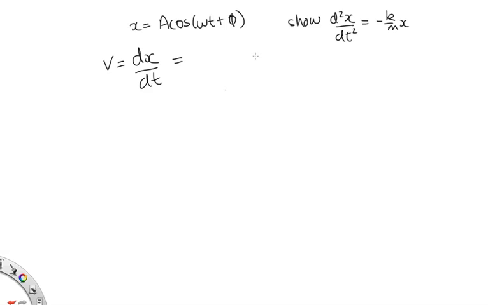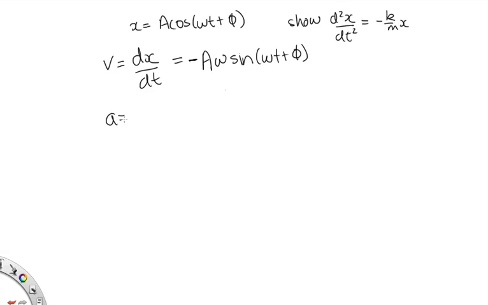Okay, to take the derivative of this, we've got a function of time in here. So when we take the derivative of a cos function, we end up with a minus sign. So we've got minus A, this constant. The derivative of the inside of this cos function is omega, and then sine(ωt + φ). Okay, now we need to take the second derivative of this function.